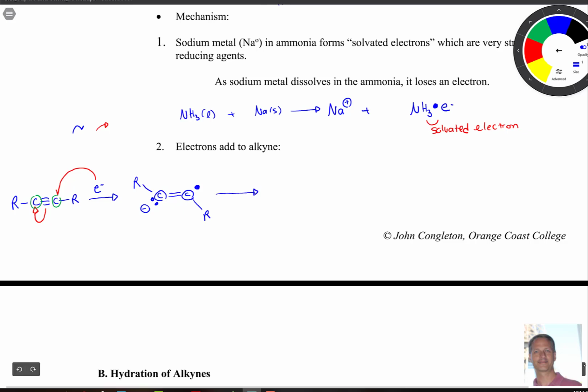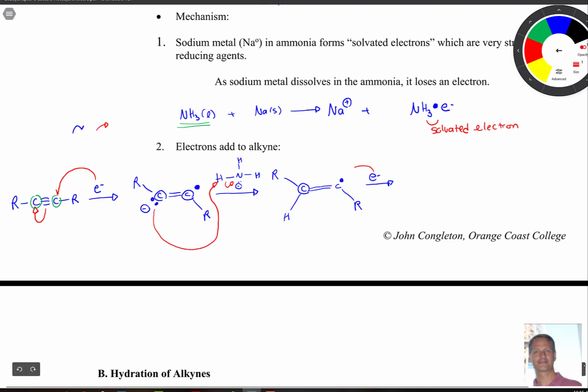Now, we're going to still finish up this reaction. So we have our nitrogen, because remember, in this reaction we have NH3 present. So what we're going to do is we're going to grab an H from that. So we're going to come over, get an H. That's going to give us an H atom on there. Still have our double bond. And then we have our R group here and a single electron there. And now all we're going to do is repeat that electron addition.